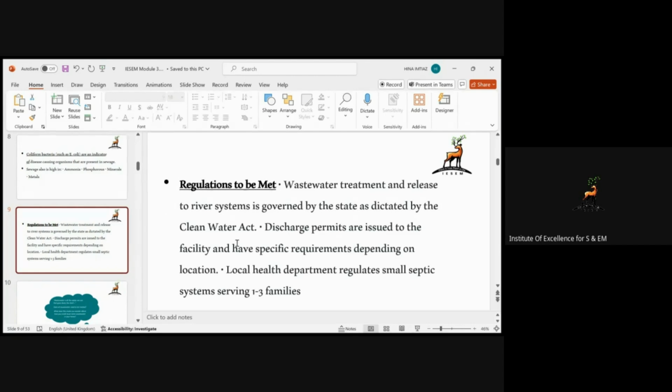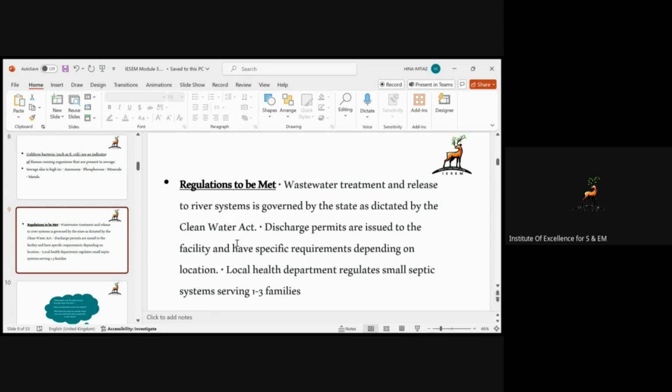So, if you are an environmental engineer in any industry, you must have a very clear idea about the permissible limits and about the discharge permit of that particular industry, of that particular working area. Those permits and permissible limits are issued by the government.